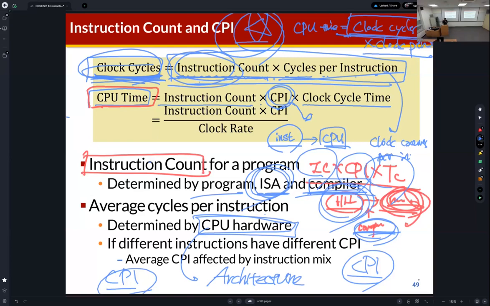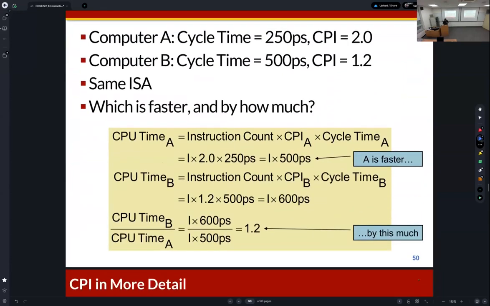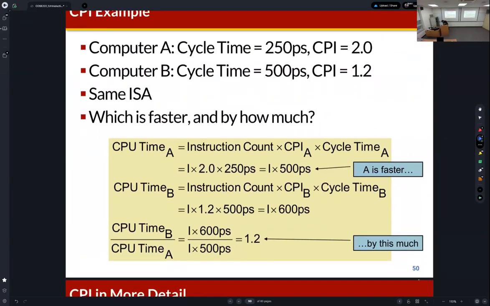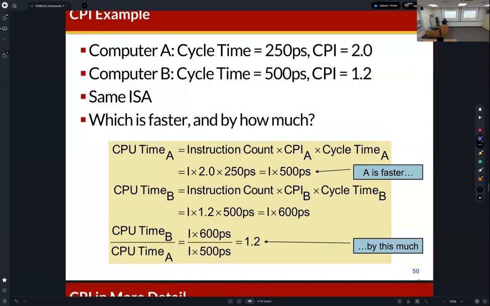So using this equation, we can represent the different factors of performance of a computer system. Okay, this is another example, and you can leave it to this slide for comparing the performance.